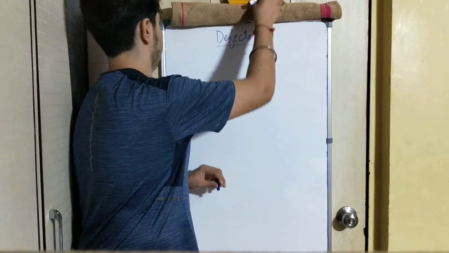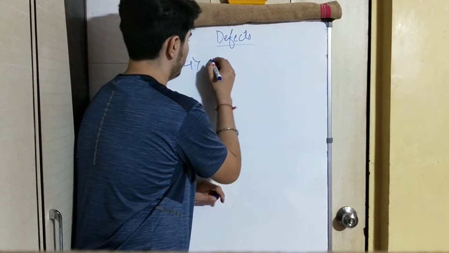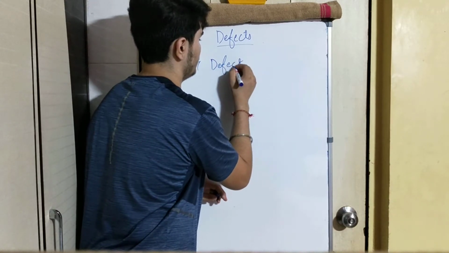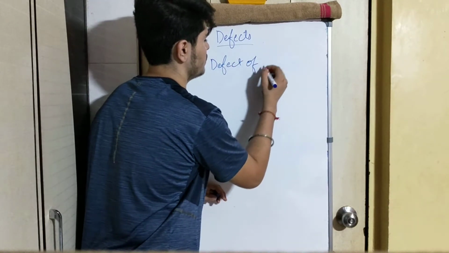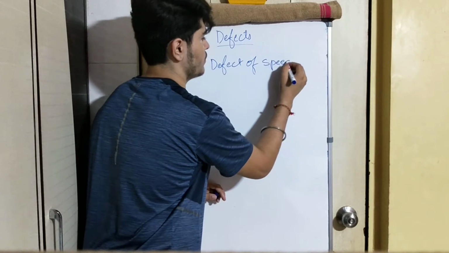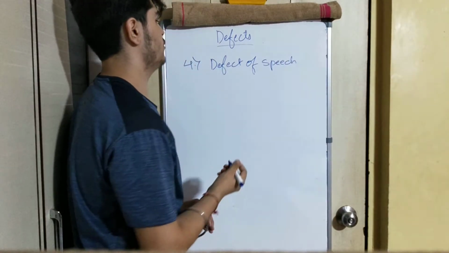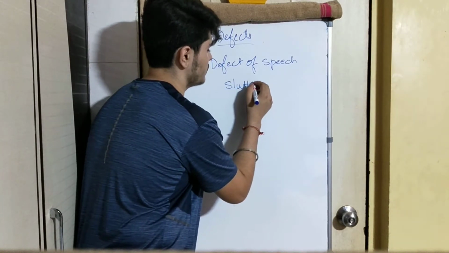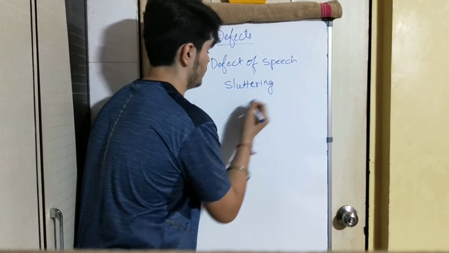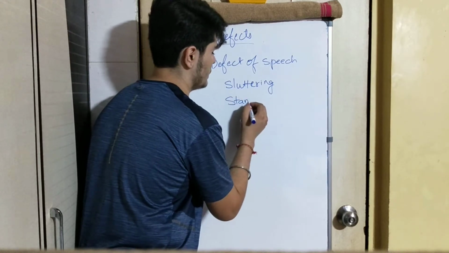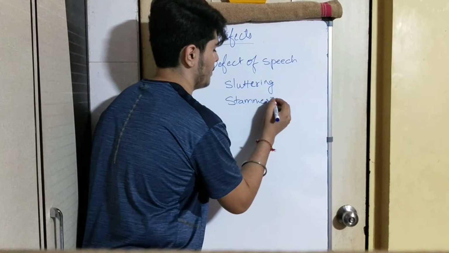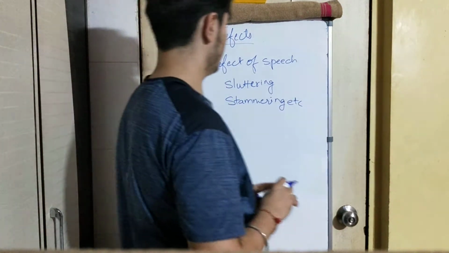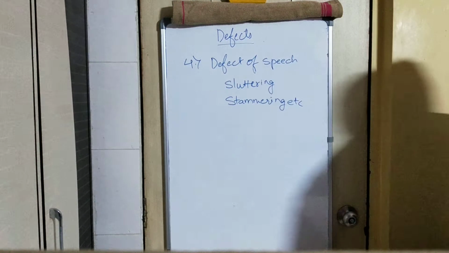Now the fourth type is defects of speech. Many people have defects of speech such as stuttering, stammering, etc. You can copy it down if you want.